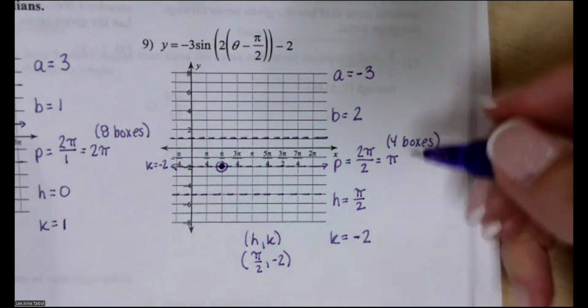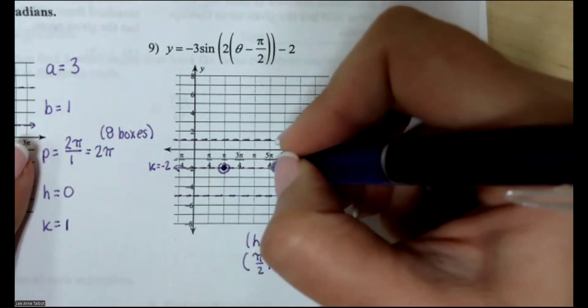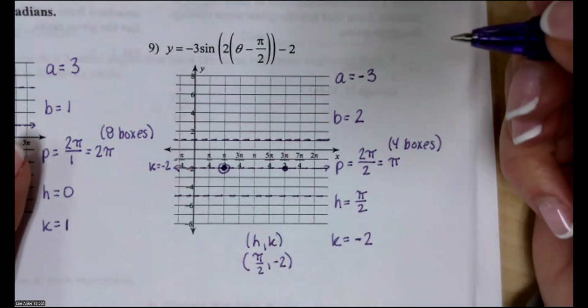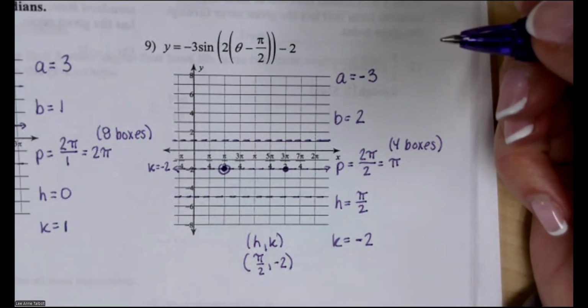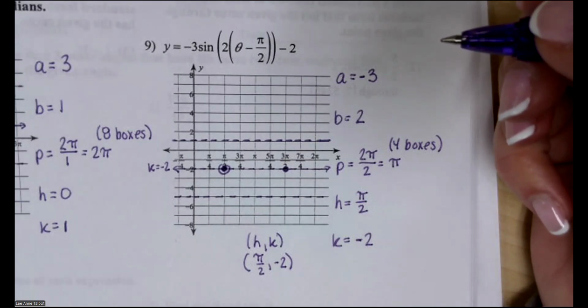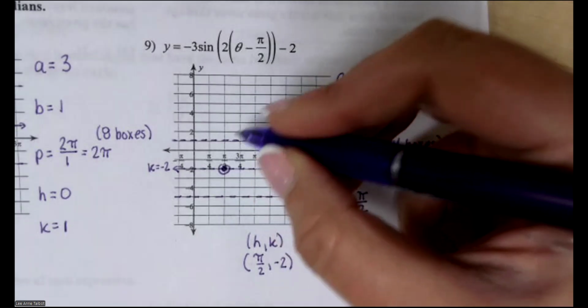Period is pi, which is 4 boxes away. So count 4 boxes away from your start. 1, 2, 3, 4. That's your end. Okay, now this is the moment. If I was going to be in high school again and do this problem, this is where I would screw it up. I would forget that sine was negative and I would start going uphill.